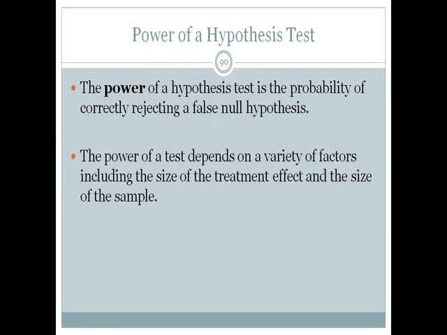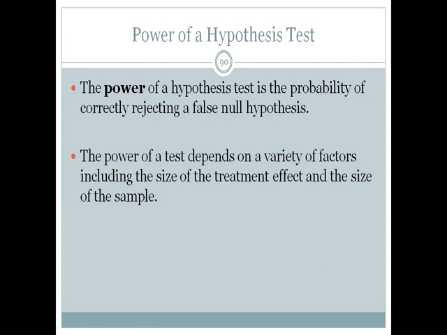The power of a hypothesis test is defined as the probability of correctly rejecting a false null hypothesis. The power of a test depends on a variety of factors, mainly the size of the treatment effect and the size of the sample.